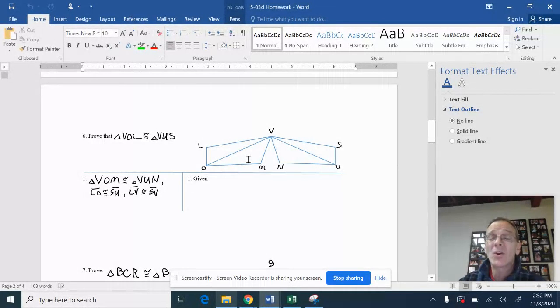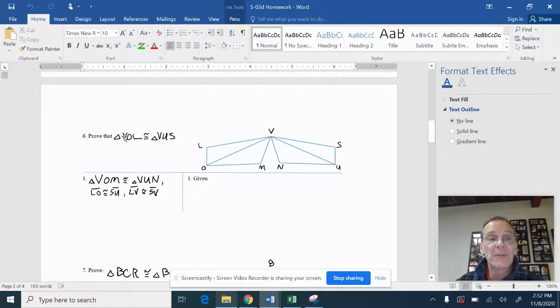So while I could say, hey, segment OV, since it's shared by two triangles, is congruent to itself, it's probably not going to be very useful to me. Okay, not very helpful to use that reason unless the side that you're talking about belongs to two triangles that you are trying to get congruent to each other.